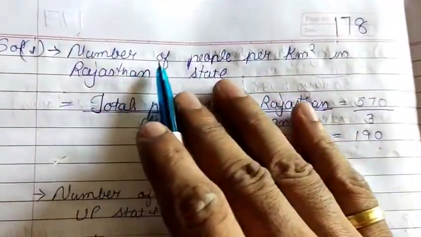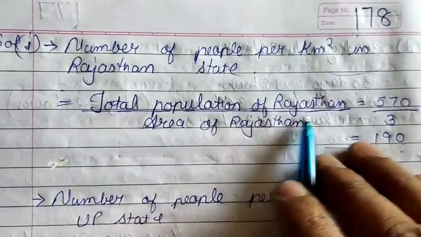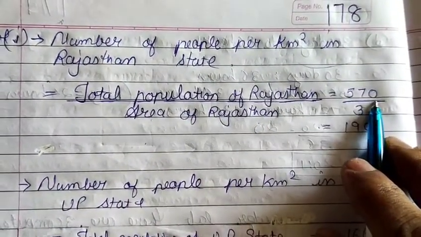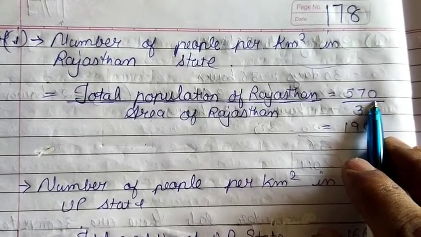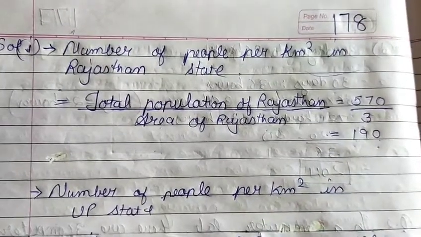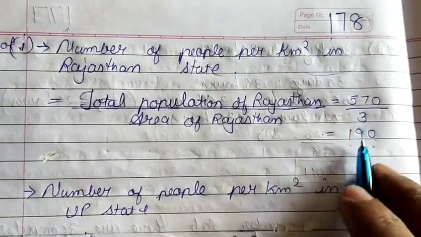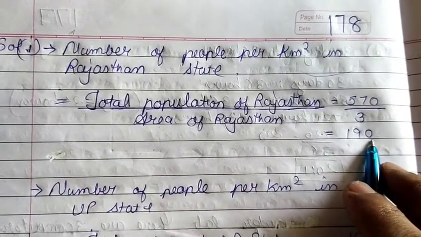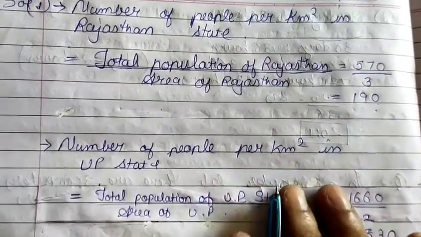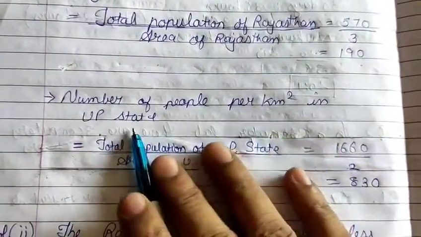Now the number of people per square kilometer in Rajasthan, that is total population of Rajasthan divided by area of Rajasthan, that is 570 lakh population divided by 3, that is the area. So when you divide this, you will get 190 lakh people per square kilometer. Now the number of people per square kilometer in UP.